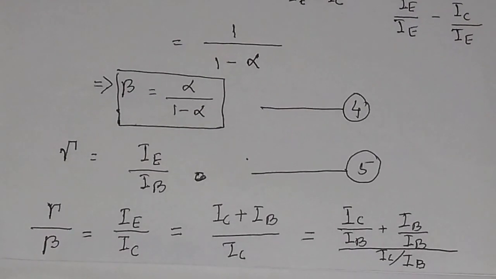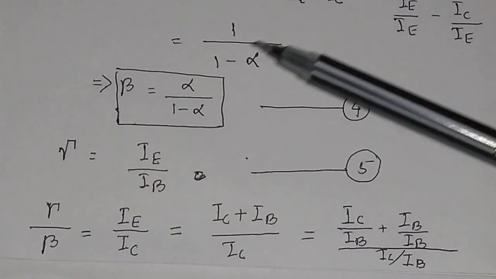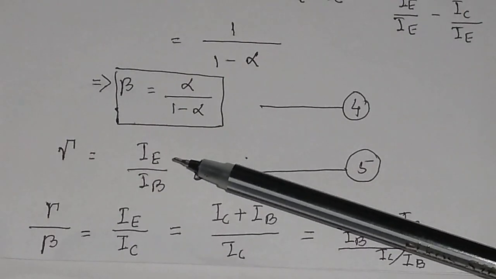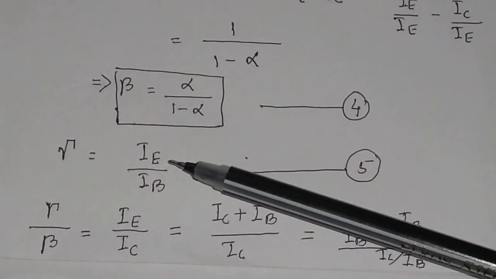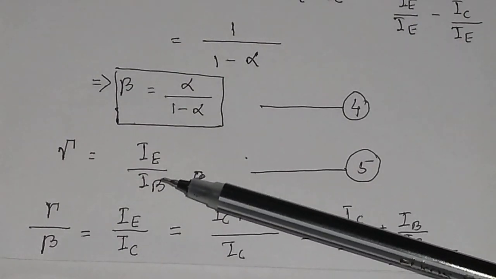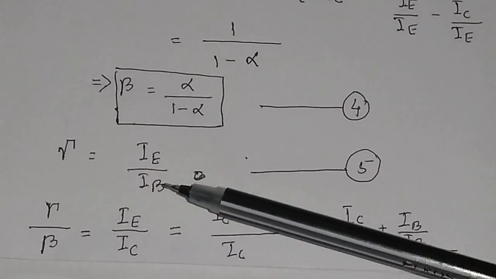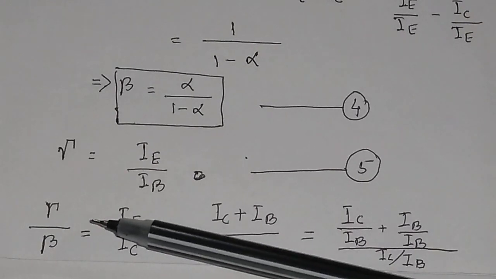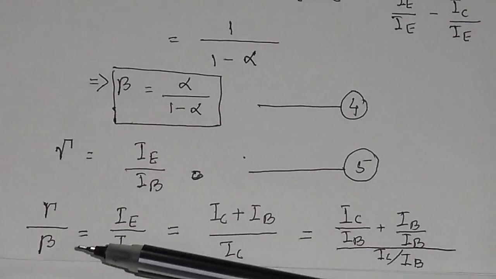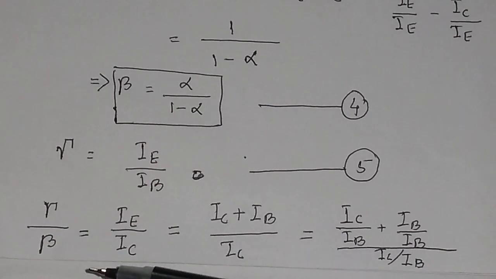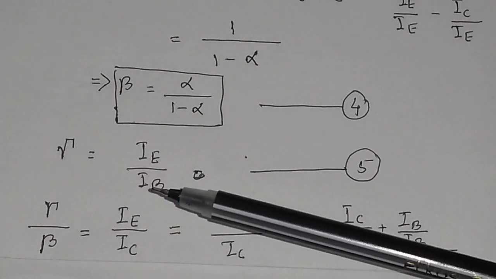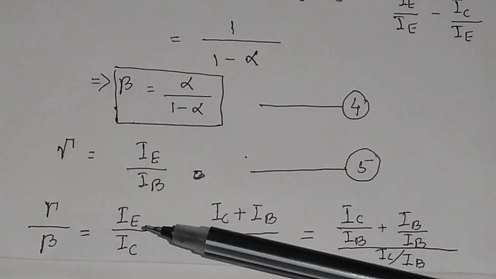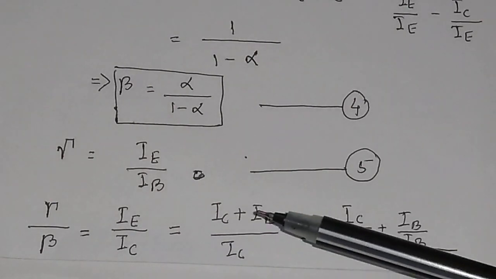Now we will establish a relation between alpha and gamma. We know current gain gamma is equal to the change in the output current, here your emitter current, and the input is base current, so IE divided by IB. Suppose it is equation 5. So gamma divided by beta is equal to IE divided by IC. If you divide by beta, IB cancels.